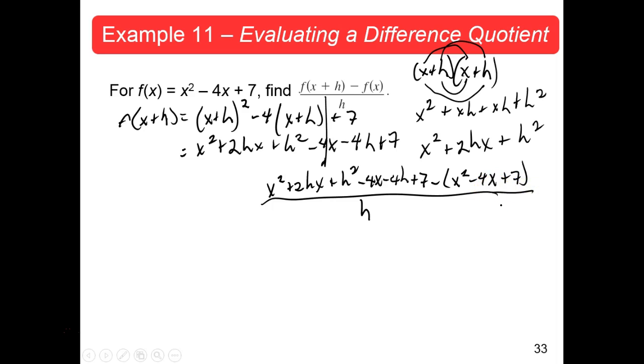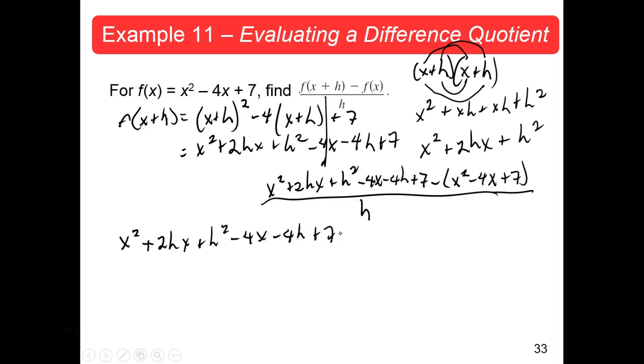Divided by H. Ha, that time I got it right. But I need to clear those parentheses, so let's do that. X squared plus 2HX, I love writing these long things, plus H squared minus 4X minus 4H plus 7.